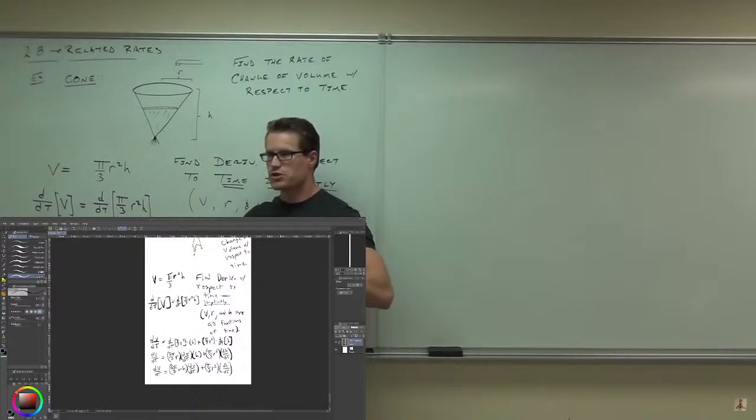Are each of those a function in terms of t? Yes, I said all of them were. So if we're taking this with respect to t, that's a function in terms of t, that's a function in terms of t, and they're being multiplied. That means the product rule.